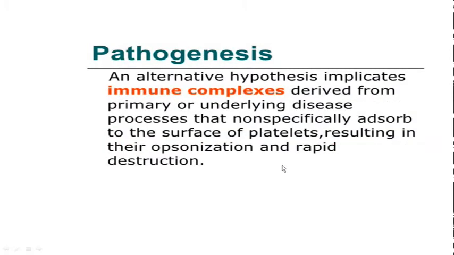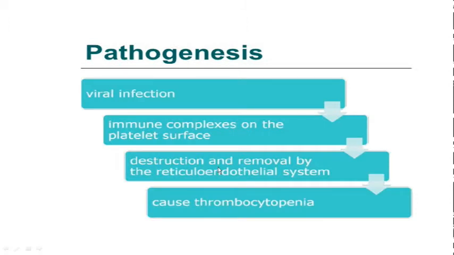There is another hypothesis where immune complexes derive from a primary or underlying disease, and they lead to opsonization on the surface of the platelets and rapid destruction through the complement system. So basically any viral infection or insult leads to immune complexes on the platelet surfaces, and destruction and removal by the reticuloendothelial system in the spleen and the liver, and that will cause thrombocytopenia.